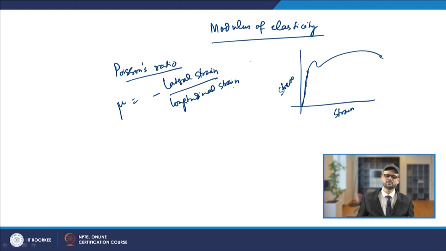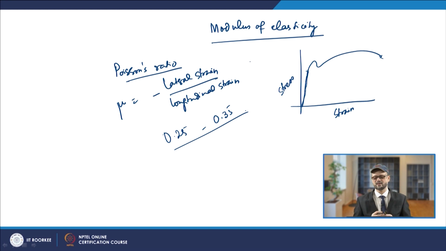The negative sign tells that the lateral strain has the opposite sign to longitudinal strain, because mu has to be positive. Mostly the Poisson's ratio varies between 0.25 to 0.35, but for rubber it is approaching close to 0.45. So, that can be correlated with the elastic properties of the material.